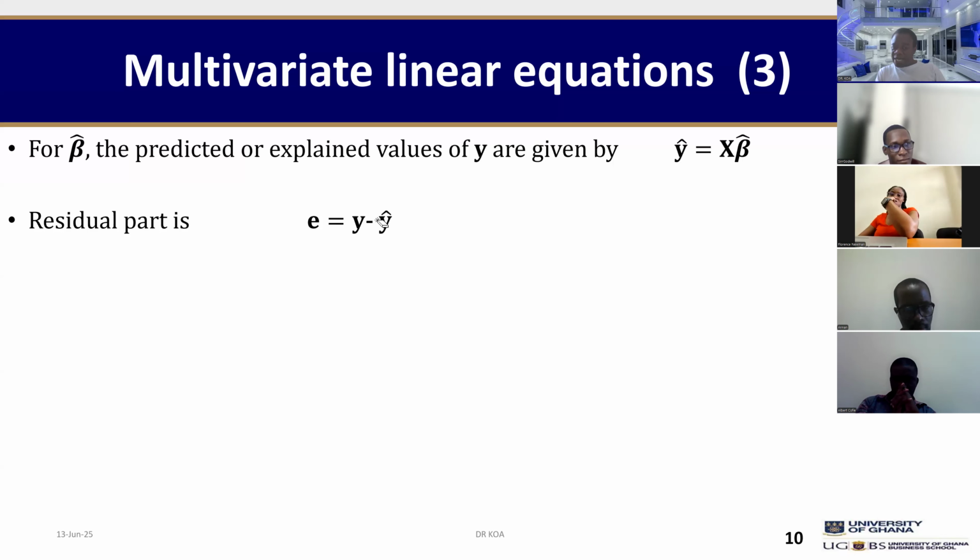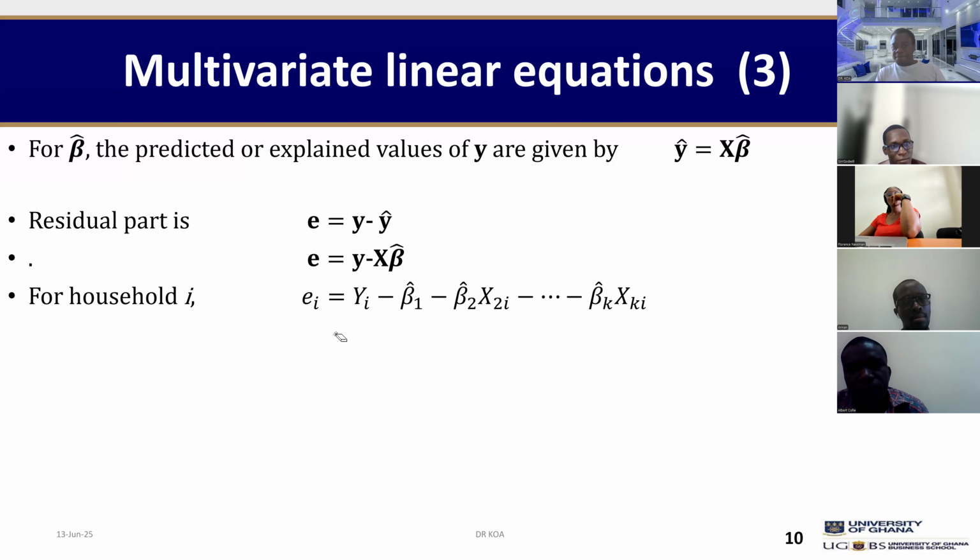The estimated y, which is y cap, is being subtracted from the actual y. This is the same as that, because this y cap has been defined as x beta cap. The error, which is not in a matrix form, is yi minus all of these, which are being represented by the x in a matrix.